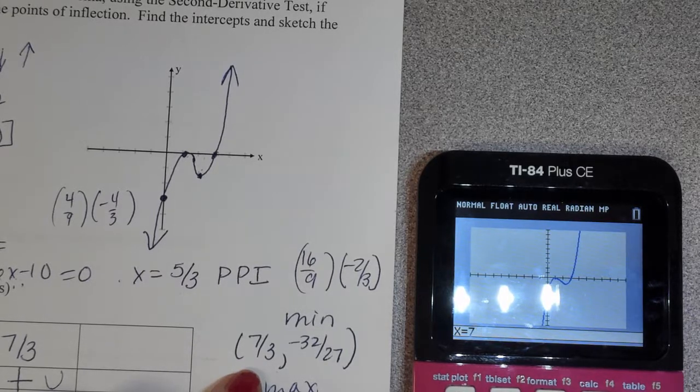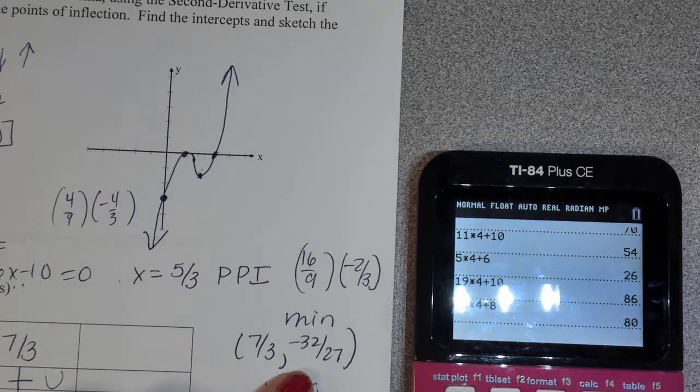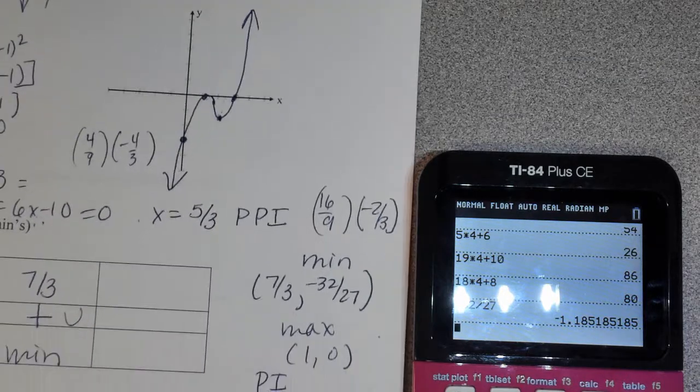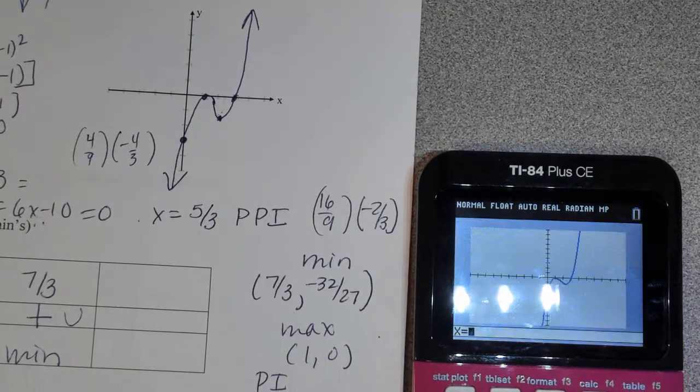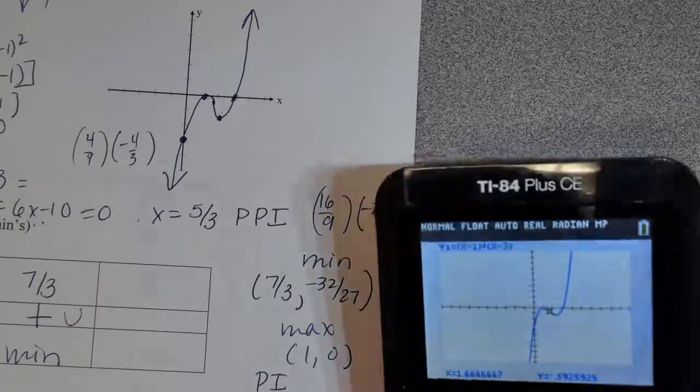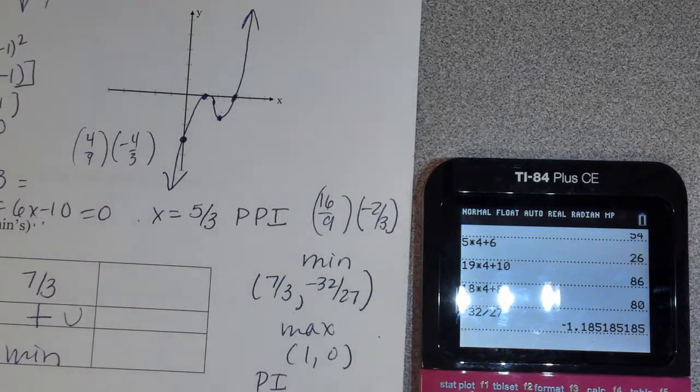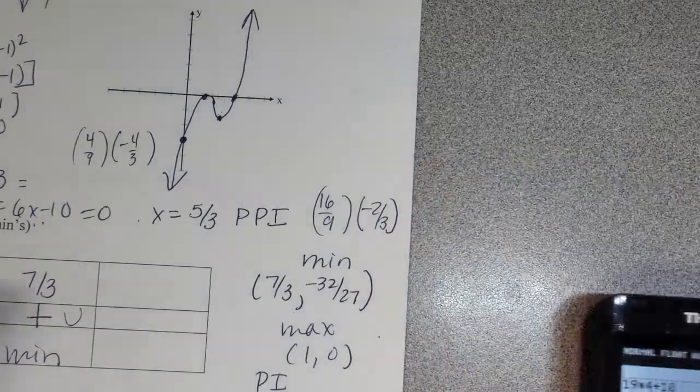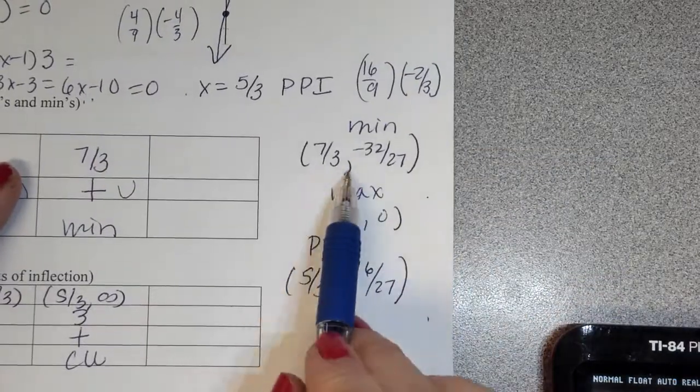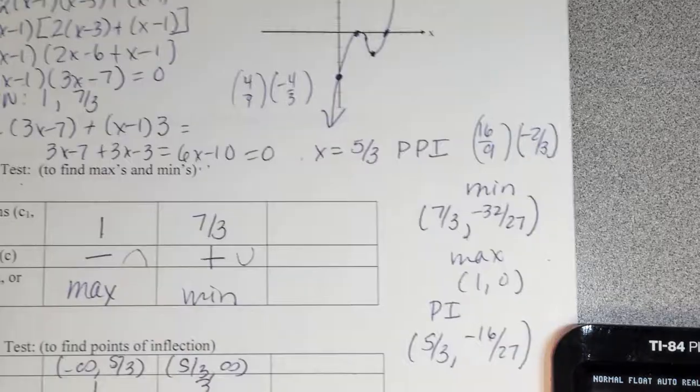I did it kind of quickly. 7/3 gives us that number. Let me see if that's the same as -32/27. Yep. Okay, and then we had to do second trace calculate 5/3, and that's 0.59, etc. Negative, okay. And that's the same thing too. And so therefore we know that the minimum, maximum, and the point of inflection are correct.